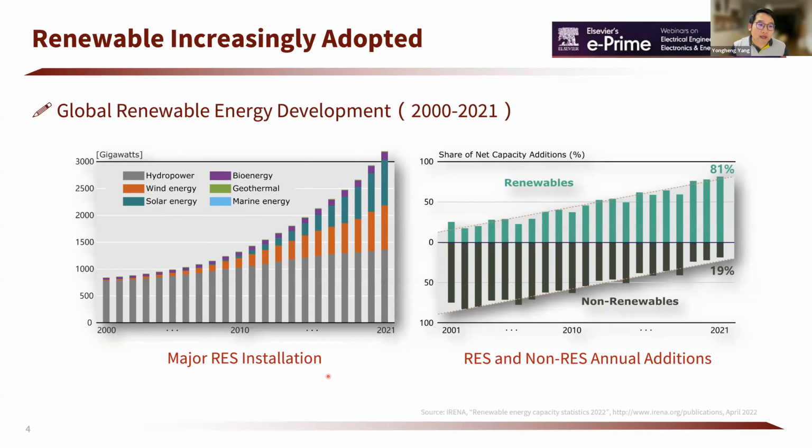So when we look at the development of global renewable energy, we see that there is a significant increase in the past 2 decades. For example, for the major renewable energy installations in the past two decades, of course, hydropower is the #1 renewable energy, followed by wind and solar energy.